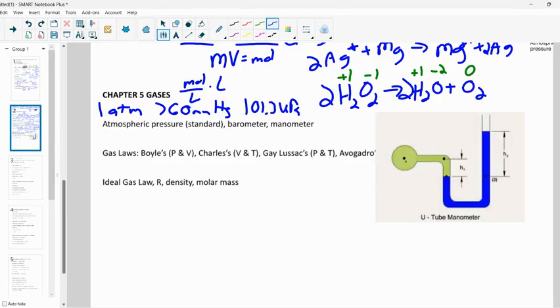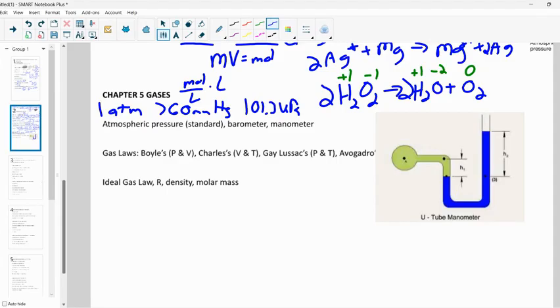The gas is, right? Because it's trying to push that out of the tube. If I heat this up, what happens? Particles move around fast. They're going to collide more here, and they're going to push. That height is going to increase. If they're at the same level, obviously they have equal pressures.